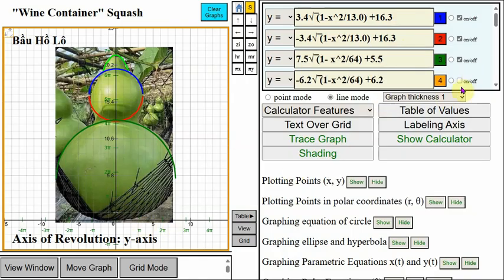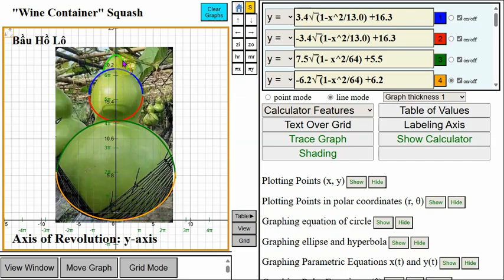And then the bottom half down here is a little bit wider than this portion right here. So I fit it with negative 6.2 times the square root of 1 minus x squared over 64, plus 6.2. And now let's find the volume of each portion.